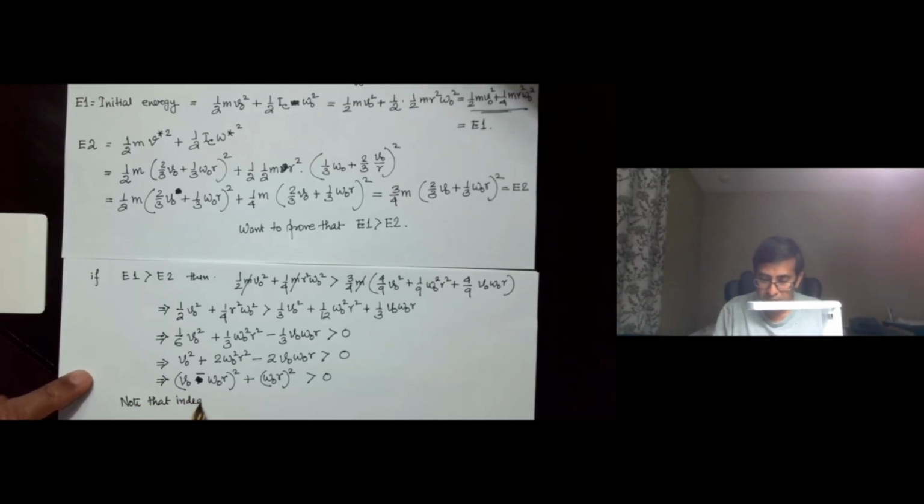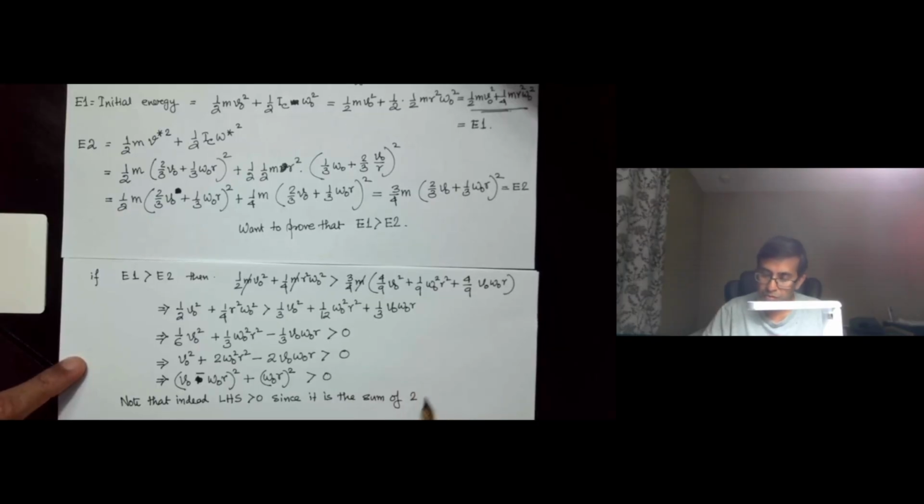And so clearly this is going to be greater than 0. So note that indeed the left hand side is greater than 0 since it is the sum of two squares.